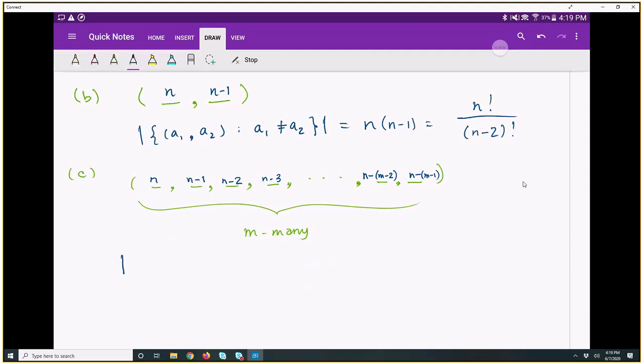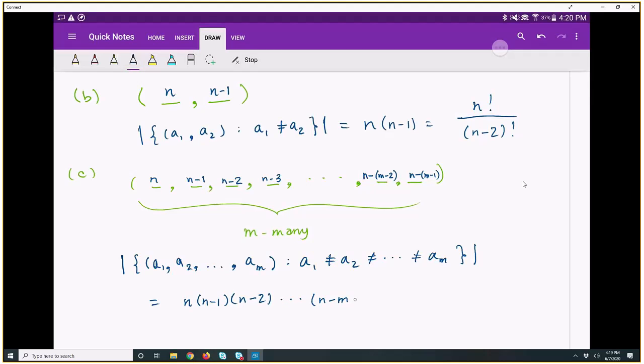So the cardinality of this set of tuples (A1, A2, ..., Am) such that A1 is not equal to A2, and so on, should be n times n minus 1 times n minus 2, all the way down to n minus m plus 1.